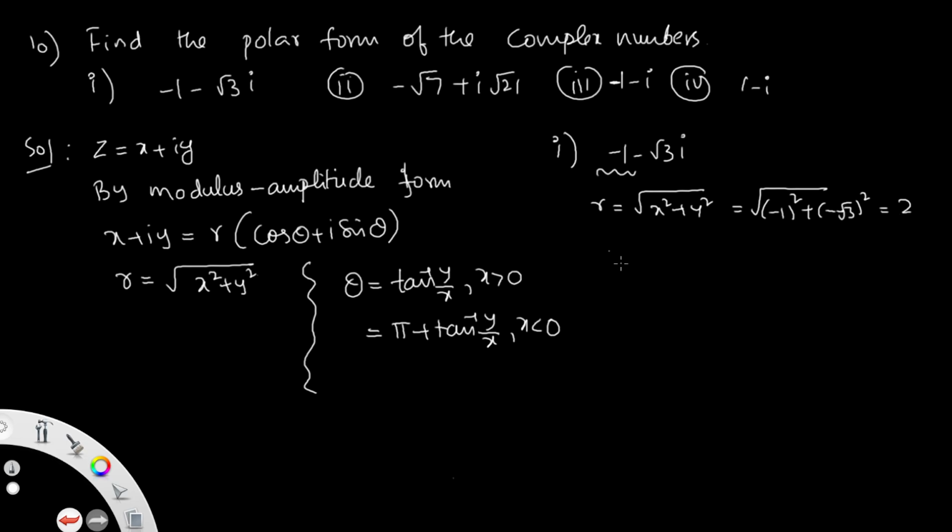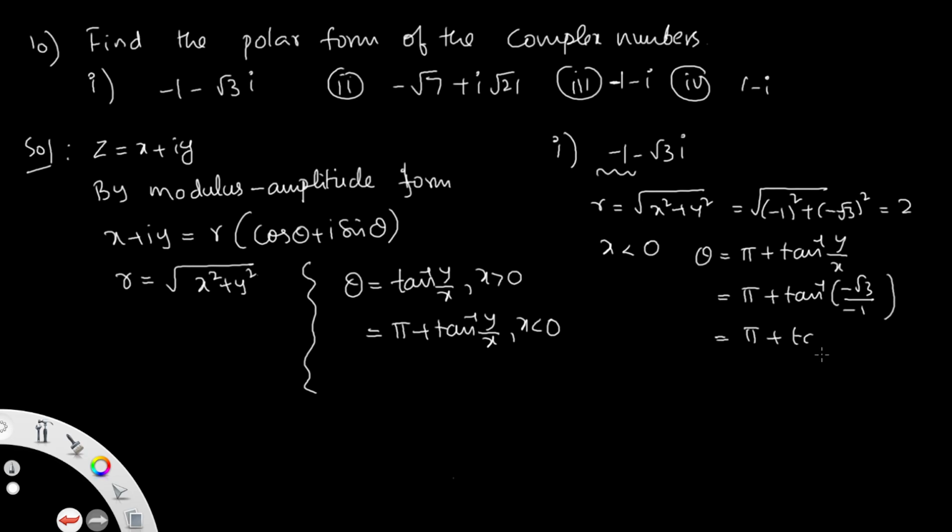And since x is less than 0, theta equals pi plus tan inverse of y by x, where y is minus root 3 and x is minus 1.